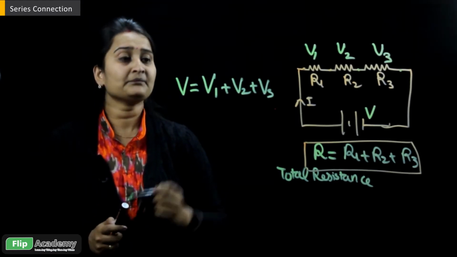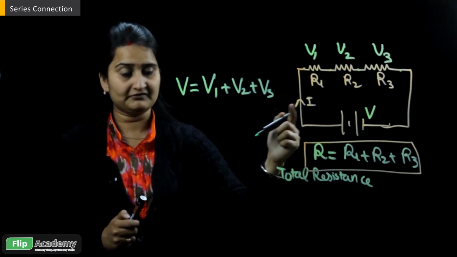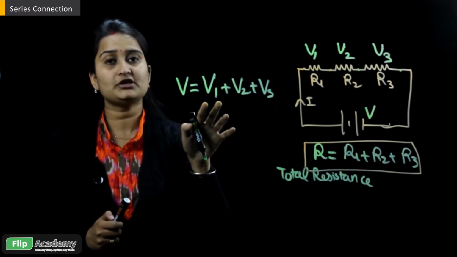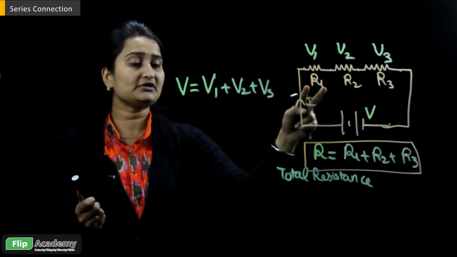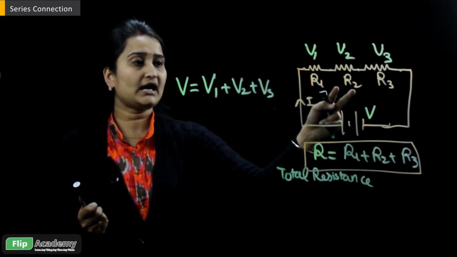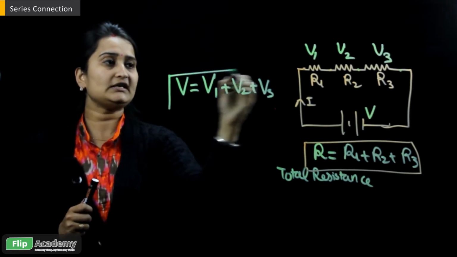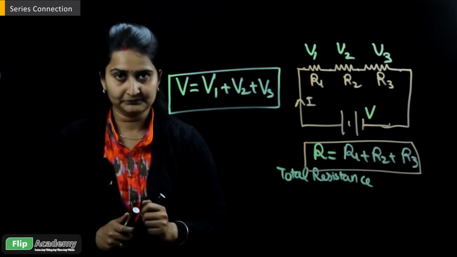That is, the total voltage or potential difference of the electric circuit is given by the individual potential differences across each appliance. V1 is the potential difference across R1, V2 is across R2 and V3 is across R3. So in the case of series, the potential difference is given by this particular formula.